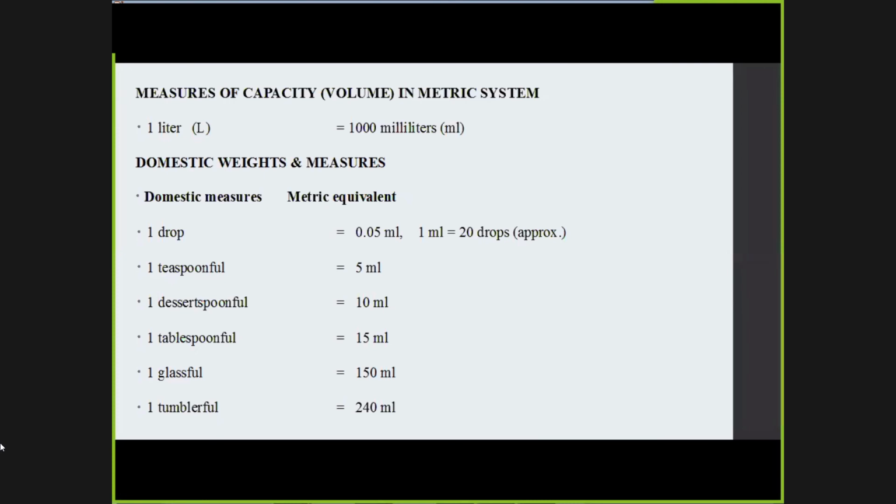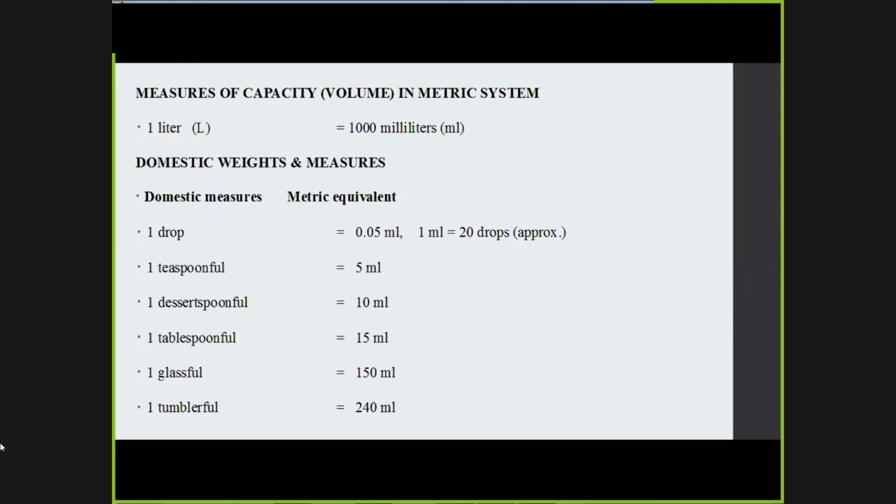So what we do have is spoons, glasses, tumblers, drops. For drops, droppers are available in the medicine container itself. So these weight and volume equivalents you are supposed to know for accurate dose administration.